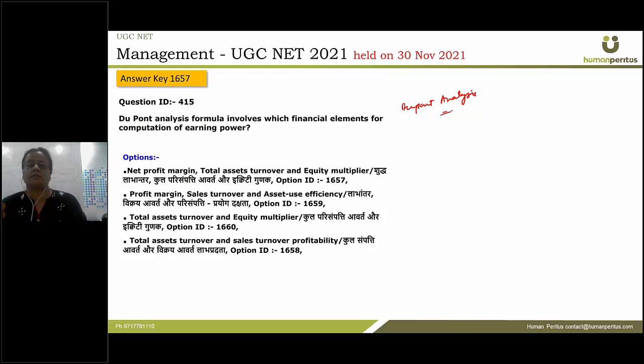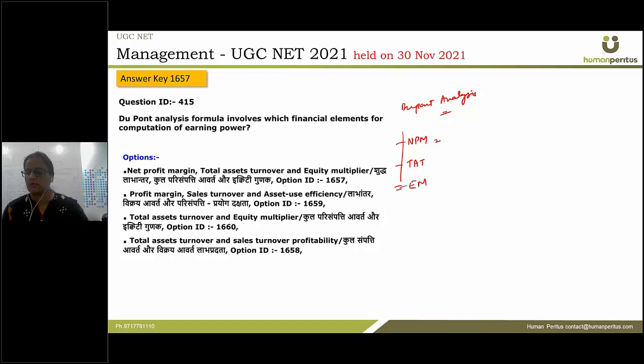It is basically an indicator by which the investor compares the operational efficiency of two similar firms, right? So it has 3 basic elements, that is net profit margin, NPM, and then total asset turnover, and then equity multiplier.